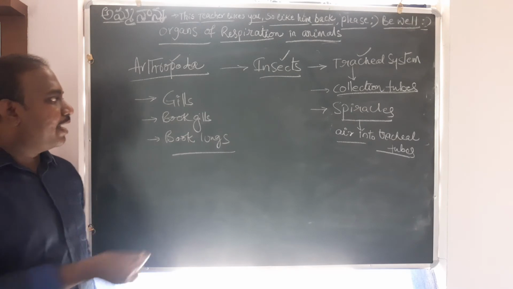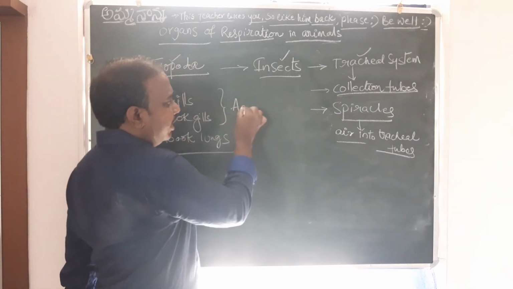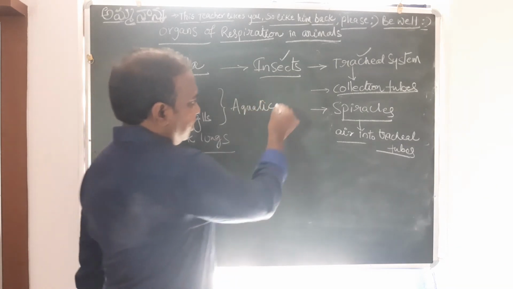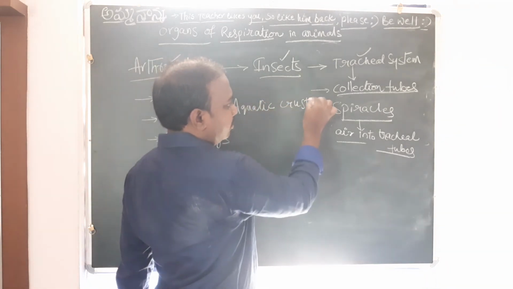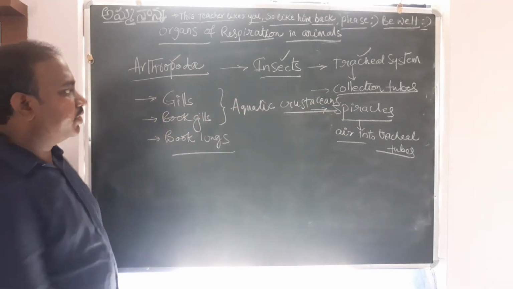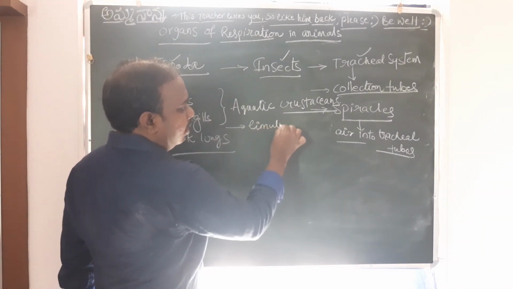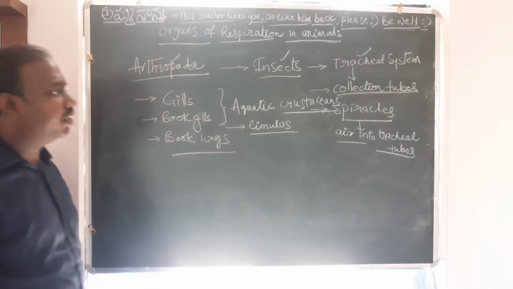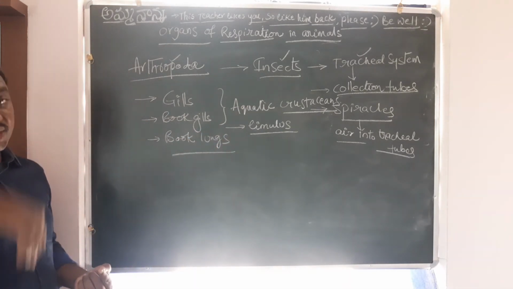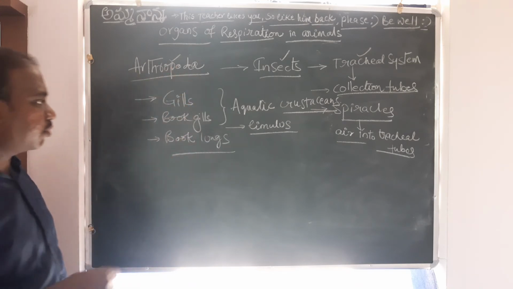Primarily, these are found in aquatic crustaceans, for example Limulus. We all know what a Limulus is. It's a crab, a living fossil, which belongs to arthropoda.